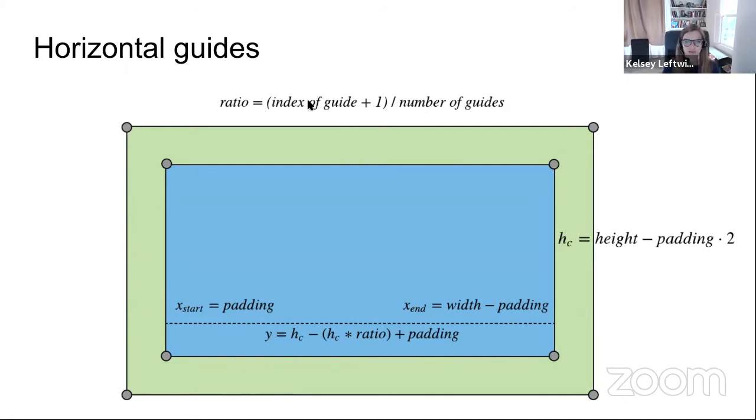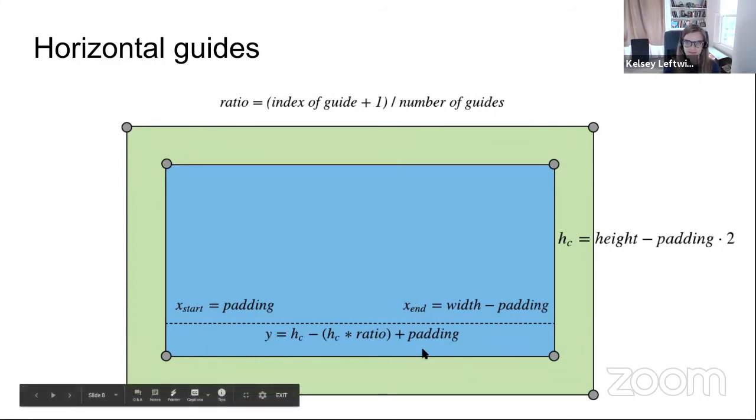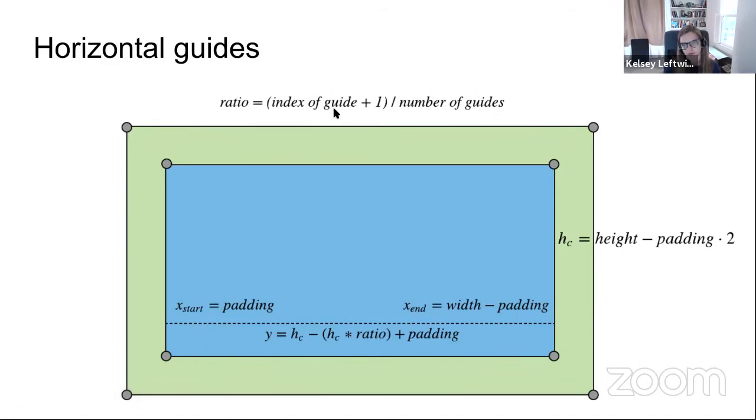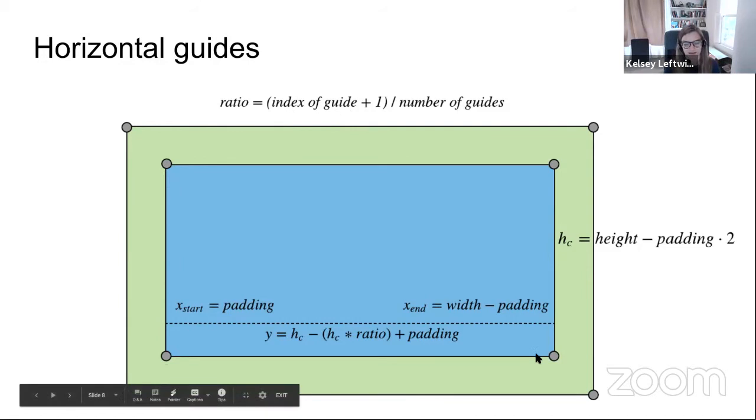And then for each guide that you want to lay out, you say, okay, what's the ratio of that to the number of guides I want, so that I can lay them out evenly along the different axes. And we start with a zero-based index plus 1, because since you already have your X and Y axis, you can put a guide there, but it's just going to overlap with the axis you already have in place.